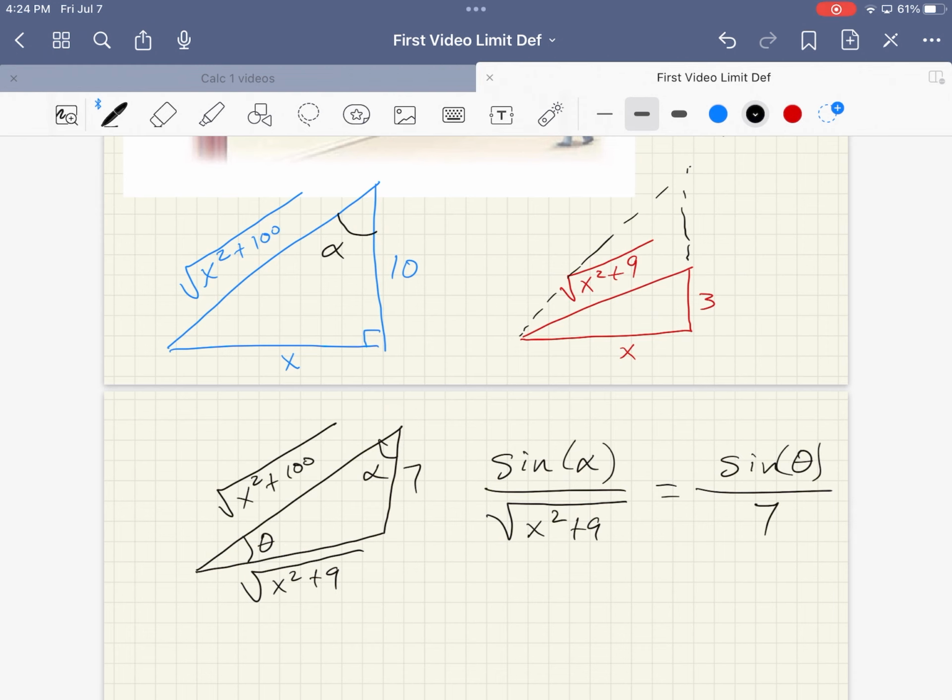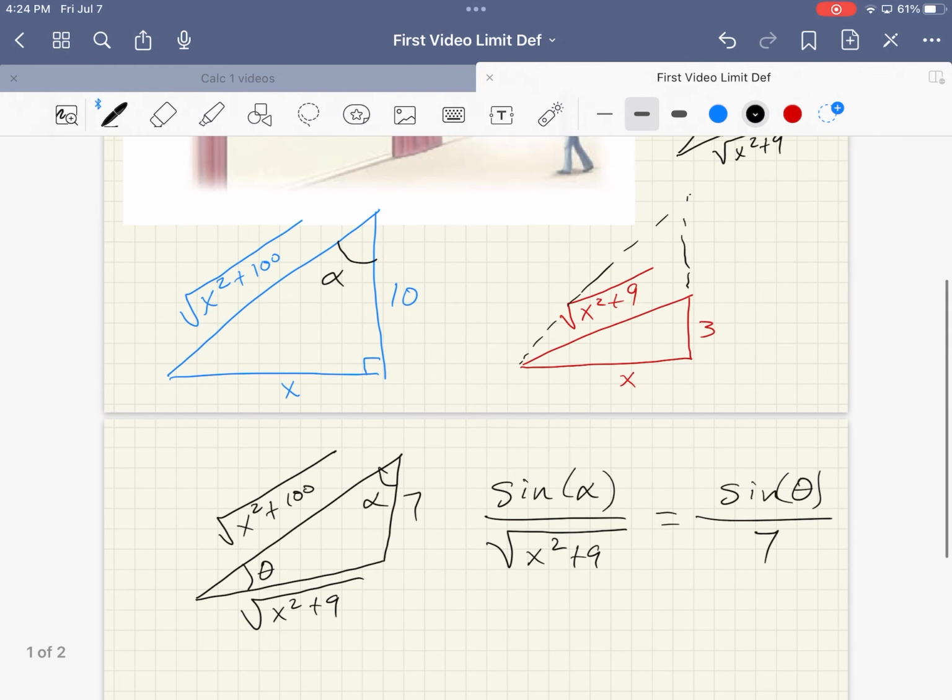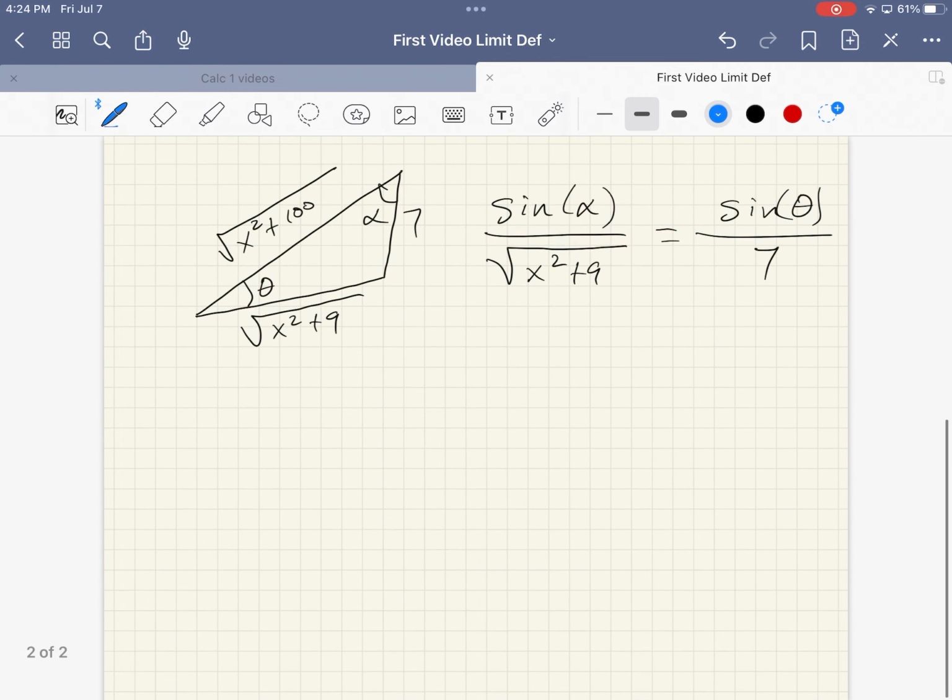If I come back to this blue triangle here, I can see that in this triangle, sine of alpha is equal to the opposite over the hypotenuse, which is x over the square root of x squared plus 100.